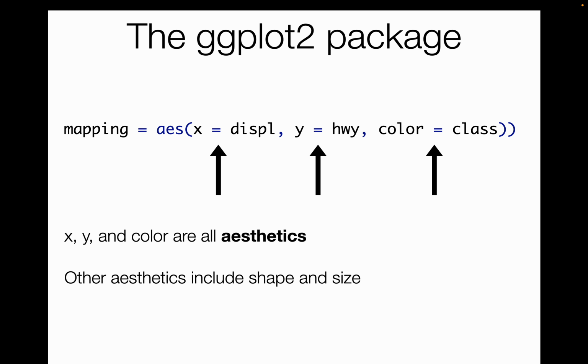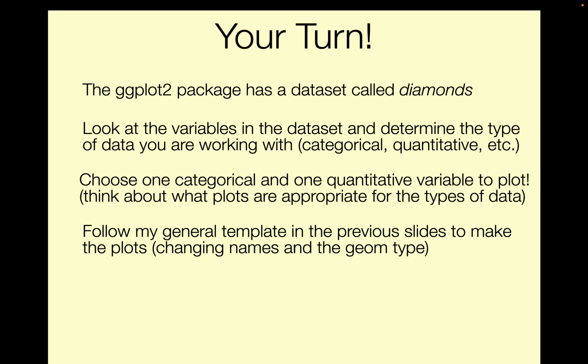Here is a little bit of a discussion about aesthetics. Displacement, or x, y, and color are all aesthetics. Other aesthetics include shape and size. So here's your turn. I want you to pause the video and try this out. There's a data set in ggplot2 called diamonds. It's about diamonds.